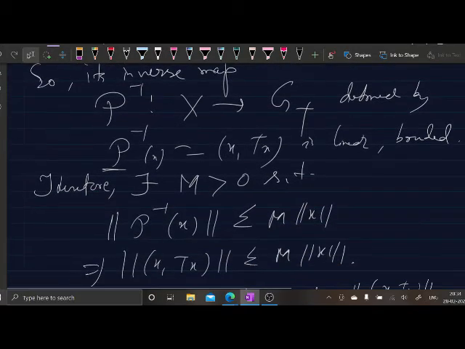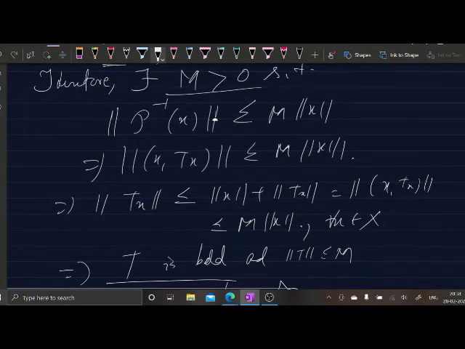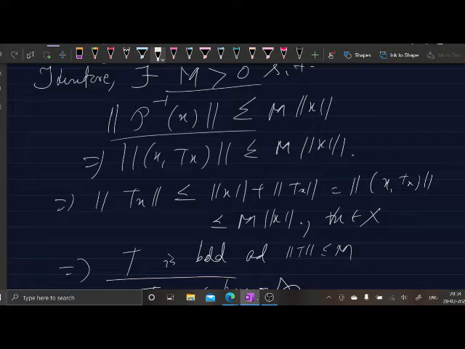So there exists a constant M greater than 0 satisfying this property, and using this one you can deduce that norm Tx is less than or equal to M times norm x, and this proves that T is bounded, and therefore in turn you can say that T is a continuous map. Okay, so this proves the closed graph theorem.